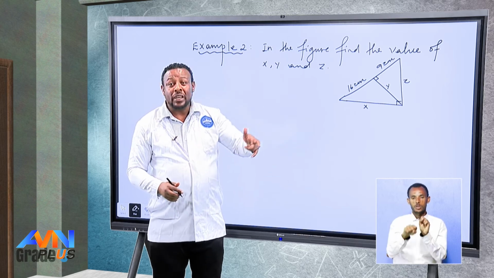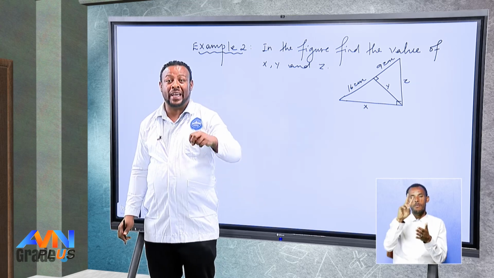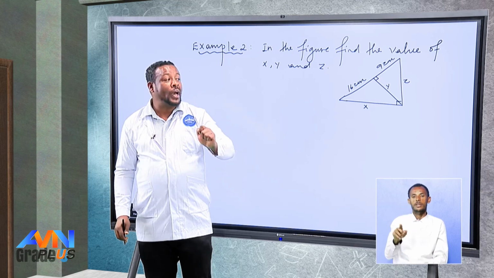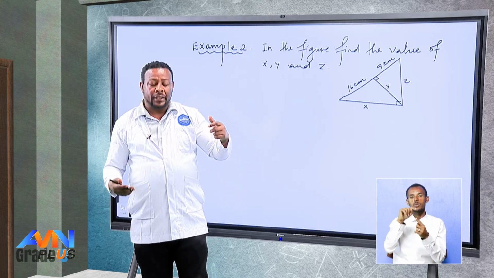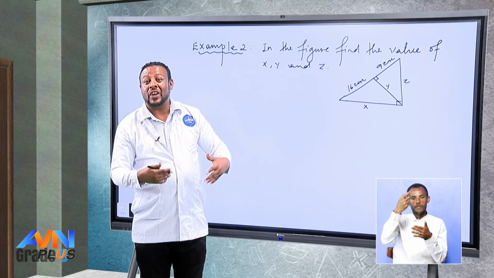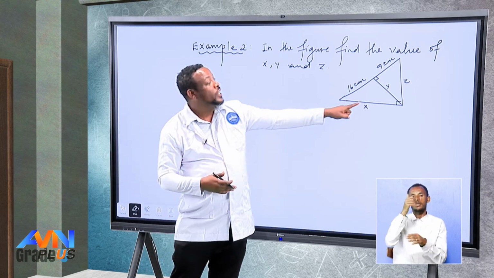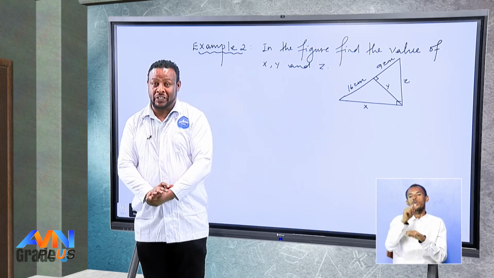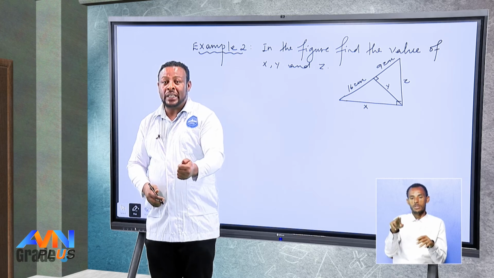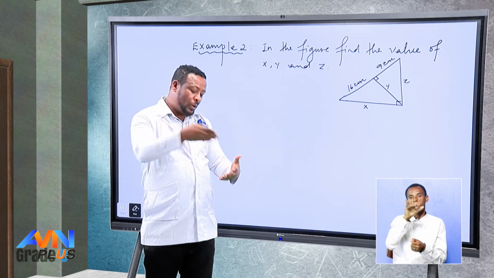So I will give you 2 minutes to find these unknown variables x, y, and z. Don't forget to apply Euclid's theorem, which says the squared value of each leg is the product of the hypotenuse and the adjacent side into which the altitude divides the hypotenuse, right? So take 2 minutes to find these unknown variables x, y, and z, then we will do it together.